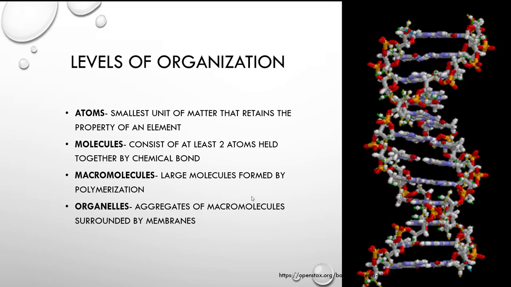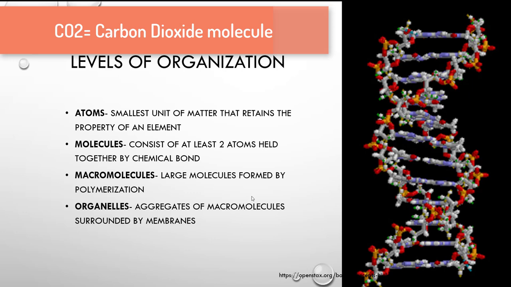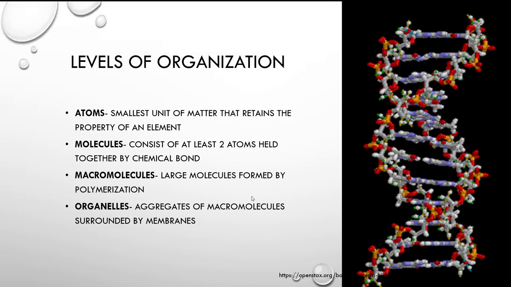Or I can have carbon dioxide, which is a carbon with two oxygens bonded together. So molecules have two or more atoms bonded together by a chemical bond. That's one step up from an atom.